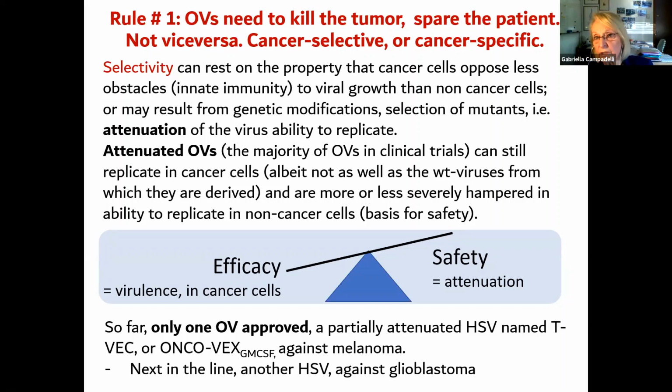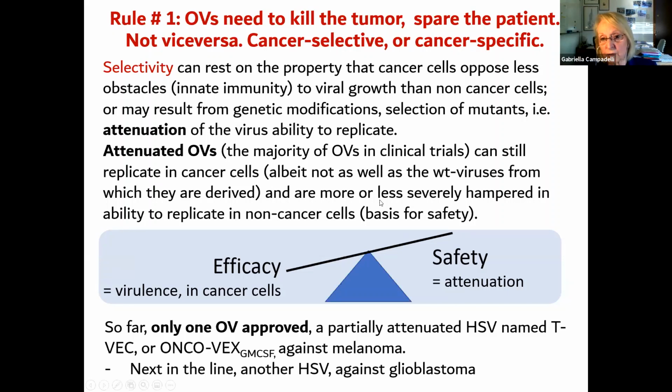Selectivity rests either on the property that I just mentioned, that cancer cells pose less obstacles, less innate immunity to viral growth than non-cancer cells, or may result from genetic modification, selection of mutants, selection of viruses. And all this we call attenuation of the virus's ability to replicate. The attenuated oncolytic viruses are weaker viruses, but they can still replicate in the cancer cells.